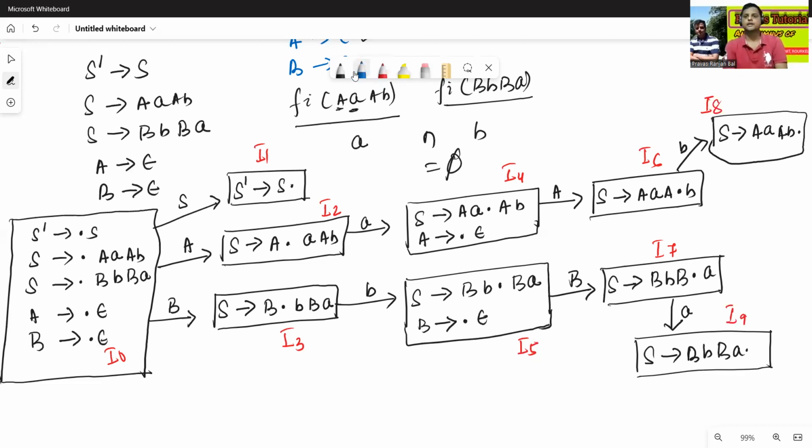Let's see. Now we'll check, is there any SR or RR conflict or not. So see, I0 state contains, this one is a reduction state, this one is also a reduce action. So I0 contains what? RR conflict.